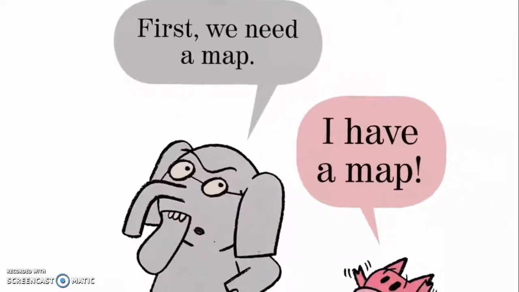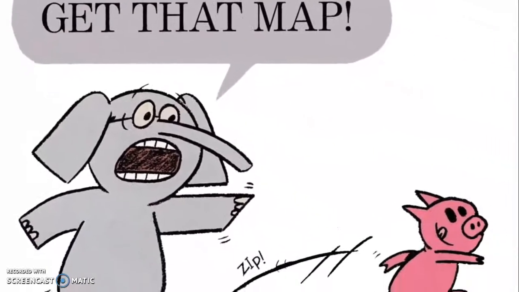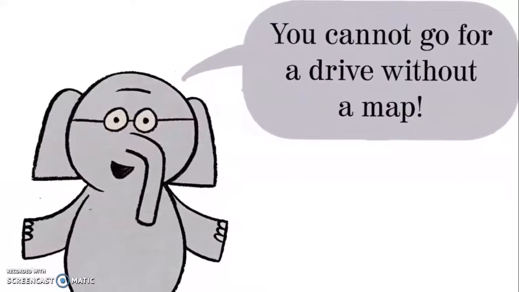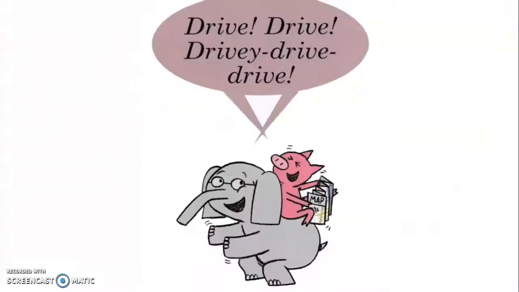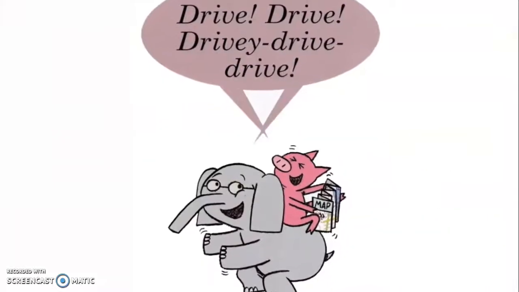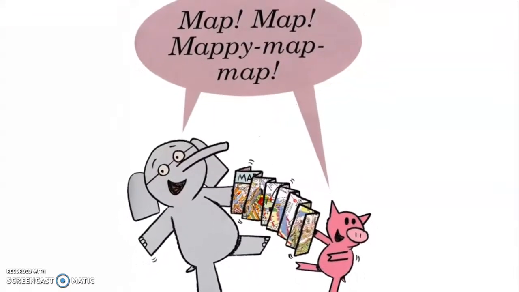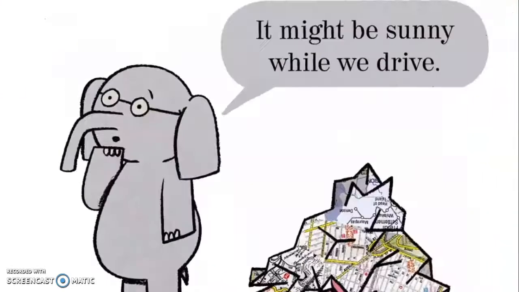A plan? First, we need a map. I have a map. Get that map. Zip. You cannot go for a drive without a map. I have the map. Zap. Drive, drive, drivey, drive, drive. Map, map, mappy, map, map. Wait! Look at Gerald.